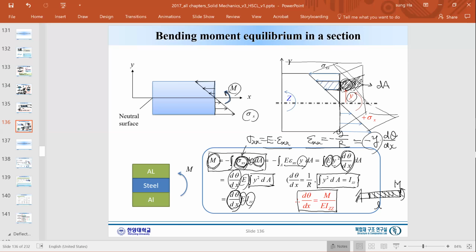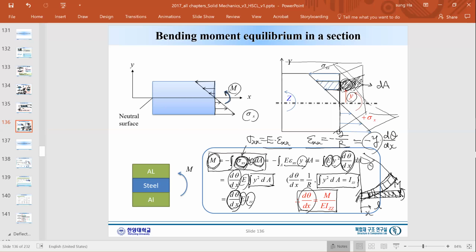So the deformation is like that. As you can see here, this is the theta angle. The theta is gradually increasing along the length. This is x. So this deformation tells us that the shape will be like that.